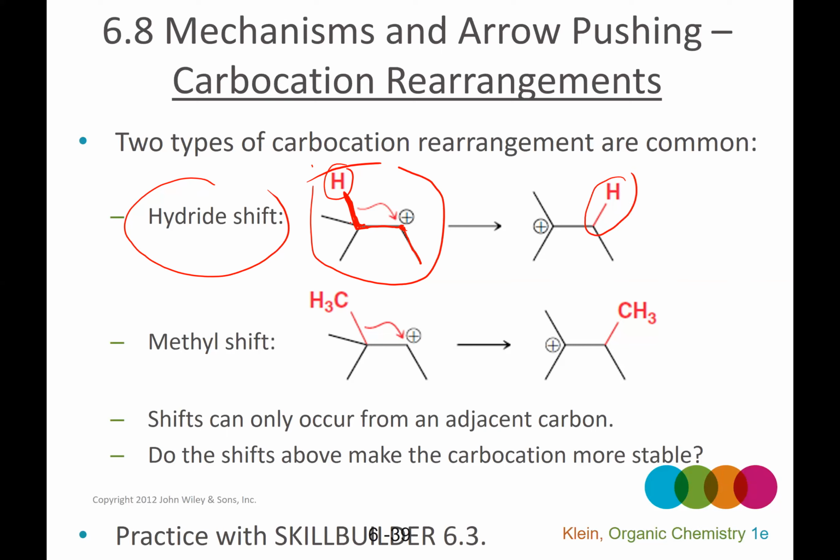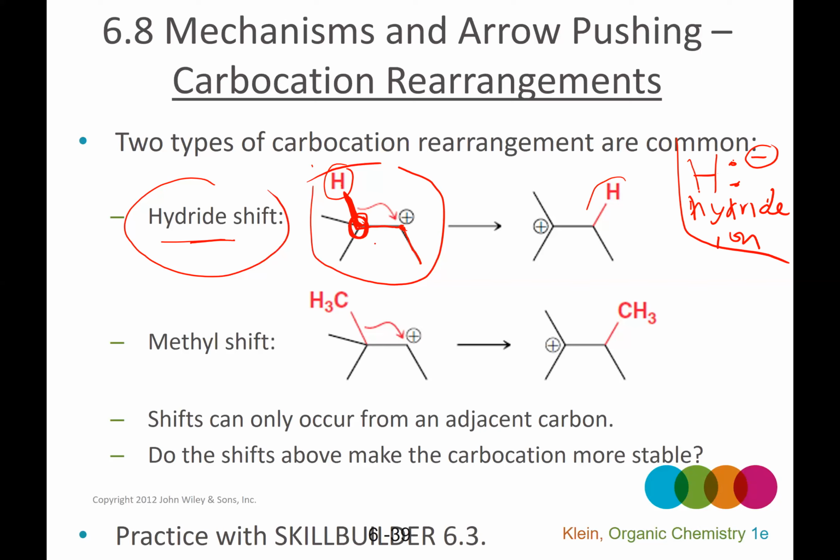And so that leaves this carbon, it lost this pair of electrons with the hydrogen, so now this only has 3 bonds and it's positive. So this hydride shift, H and a pair of electrons, this is a hydride ion.